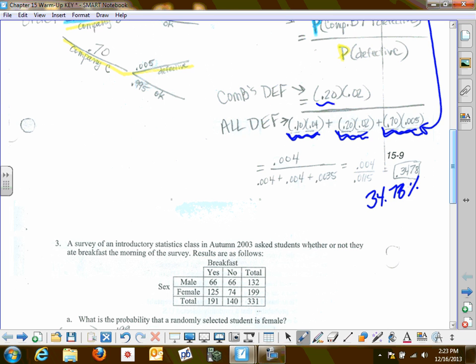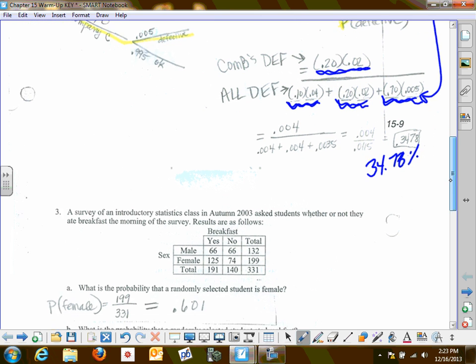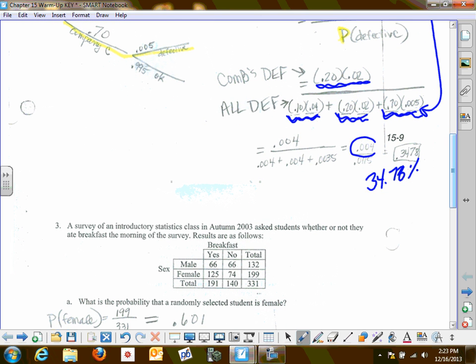They want the B defective section. Okay, questions on that? If on this problem you got only 0.004, then that's the probability of picking a defective chip from company B if you are pulling from the whole factory. If you have dwindled it down to just the defective ones, then it's 34.78%.